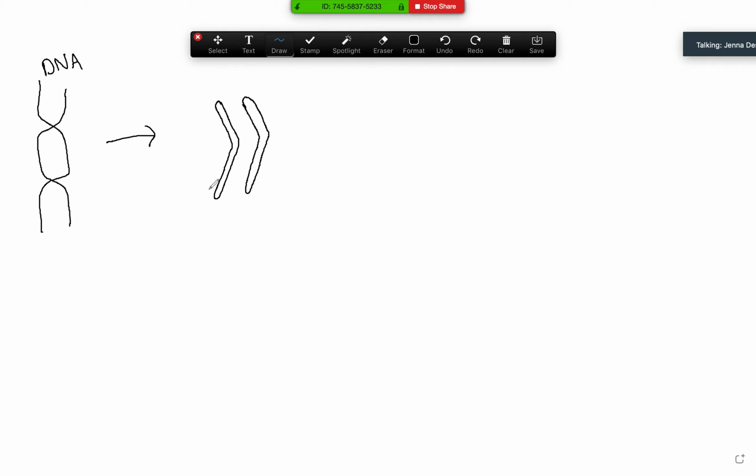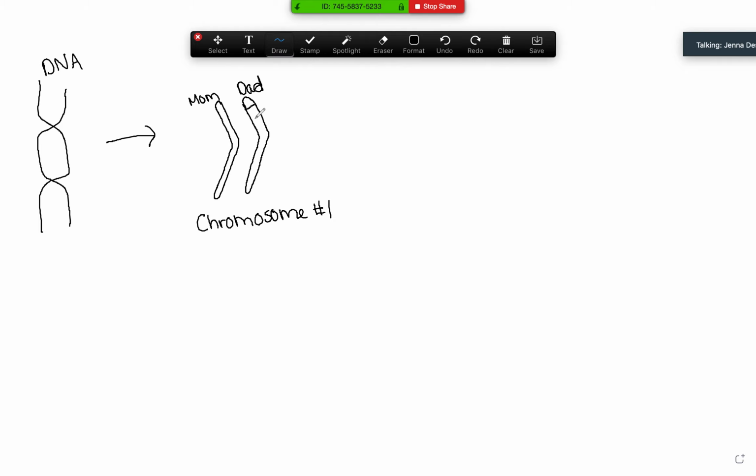So 23 pairs of each chromosome. So let's say this is chromosome number 1. All right, I have 2 copies of chromosome number 1. One of these came from my mom, and one of these came from my dad. Okay?